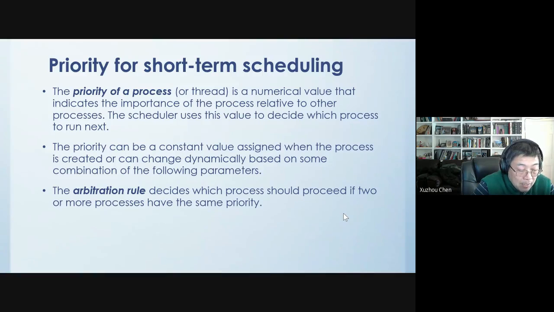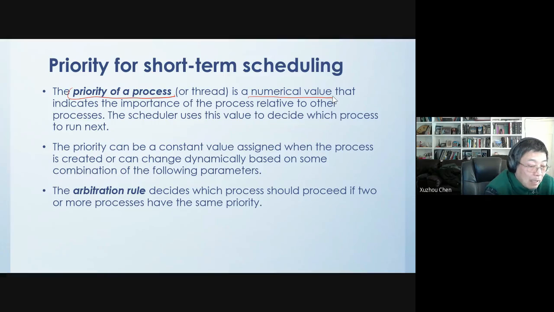So how is the scheduler going to allocate the processes? Mostly it's based on the priority of a process. Typically in any system, a process has a priority. The priority is just a numeric value which indicates how important this particular process is.